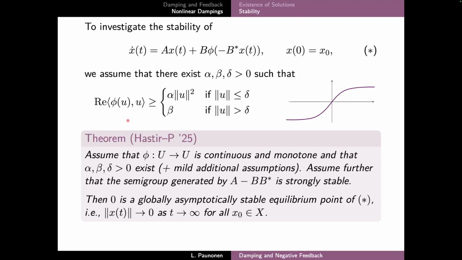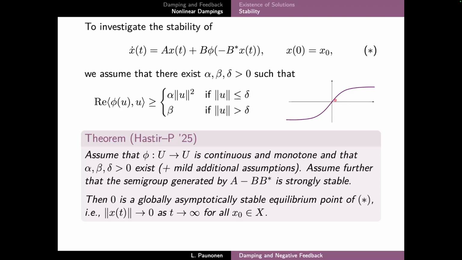But we make this kind of an assumption which gives a lower bound for the values of phi near the origin. And the main purpose of this assumption is to just guarantee that while we approach the origin, the function phi doesn't vanish too quickly, but it should vanish at most linearly.